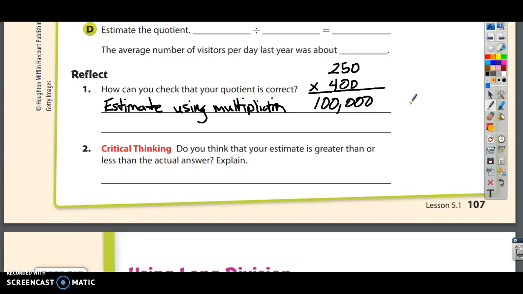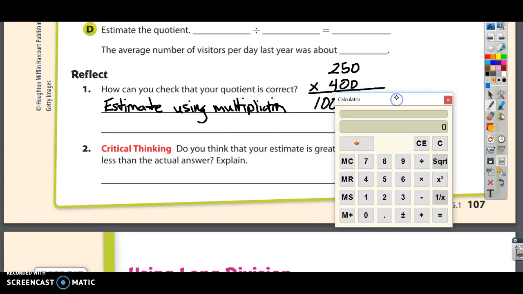All right, question 2, critical thinking. Do you think that your estimate is greater than or less than the actual answer, and explain? Well, we already checked our actual answer, and it's probably still on my calculator. No, it's not. I punched it in wrong. The actual answer was 98,464 divided by 362, and we get 272.